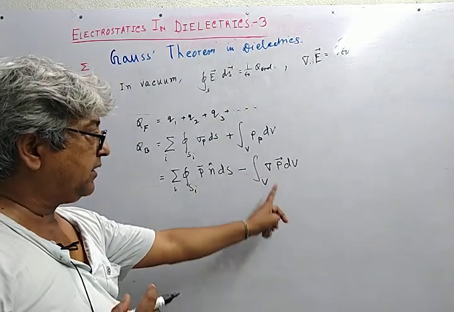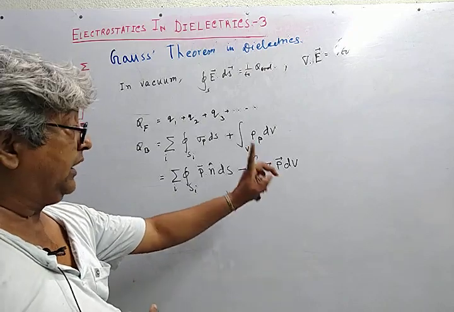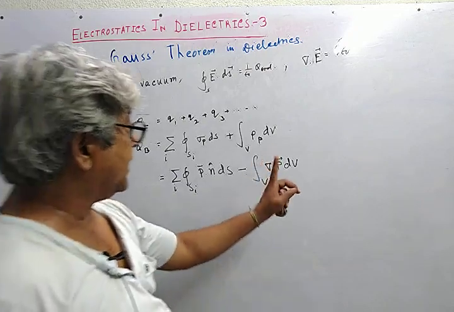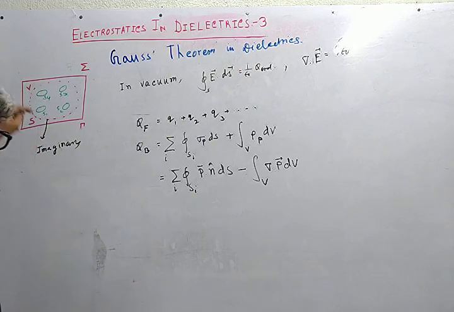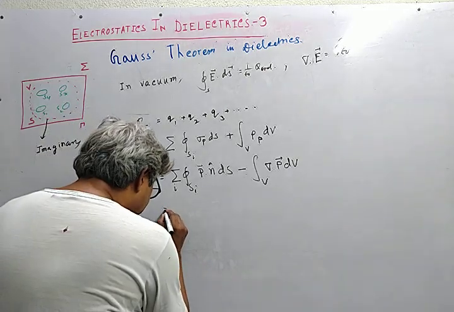But one must be careful in converting this volume integral into a surface integral. In doing this, the surfaces that bound the volume are S1, S2, S3 and also S.